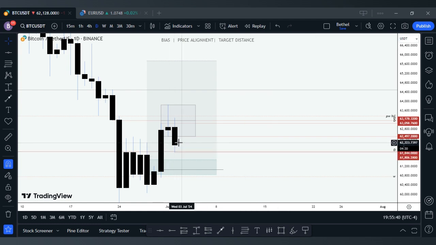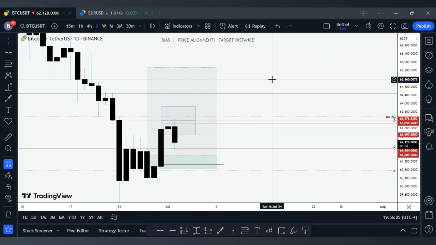I feel that price can just spike into this barrier and close bullish, or just stay above this barrier. Then the following day on BTC I'll be looking for price to stay stabilized above this, so we can start to take price to the upside.